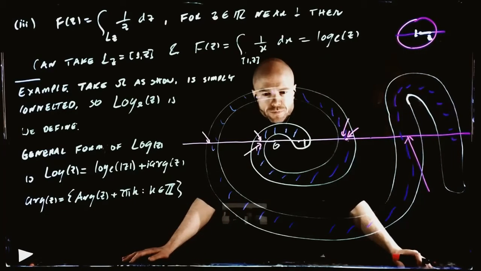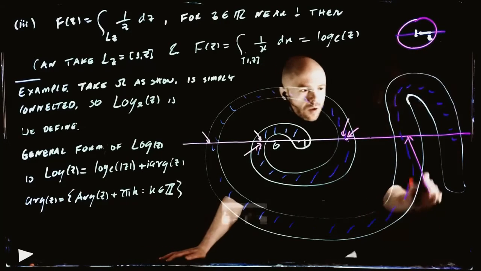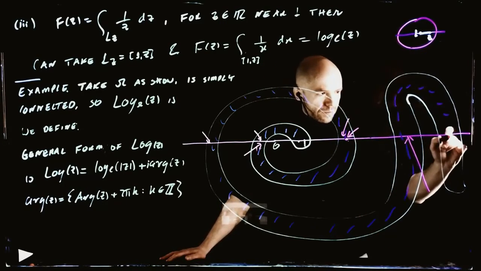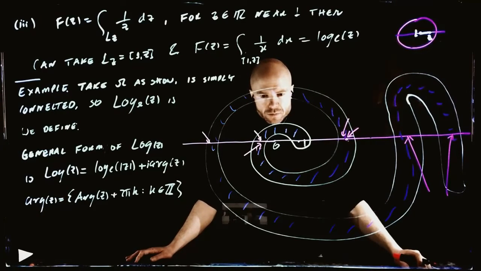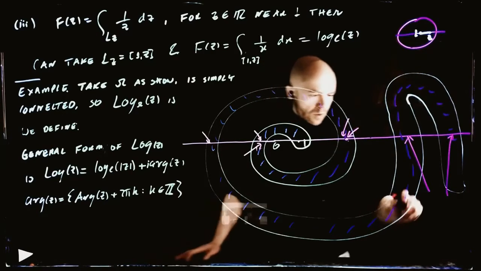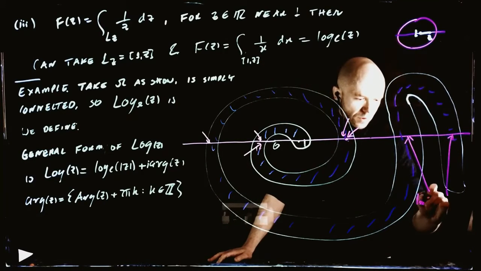What is it now? 4 pi. What about here? So I'm going to write some of this stuff down now.